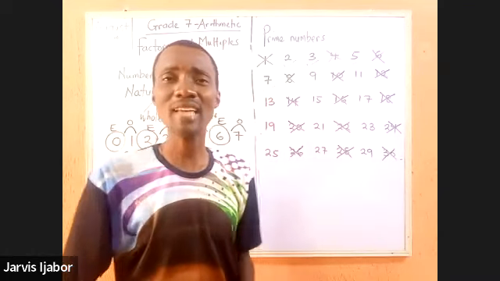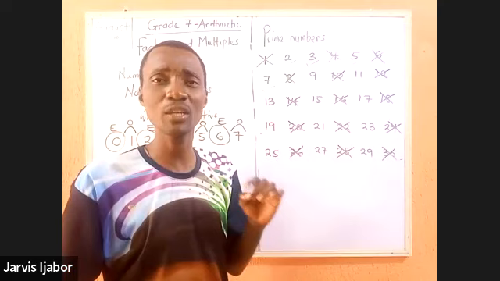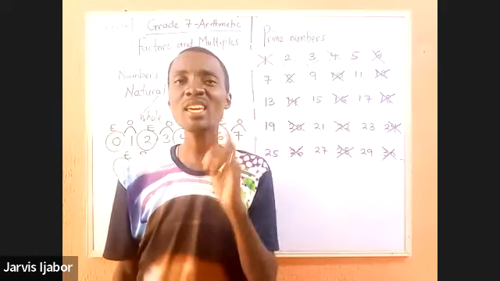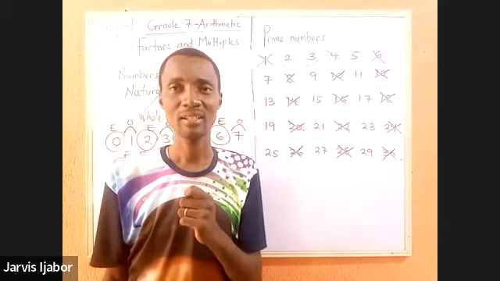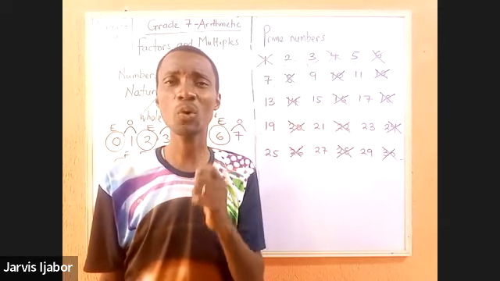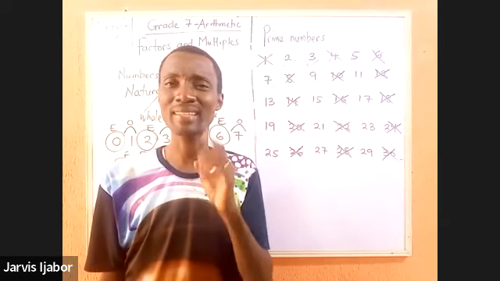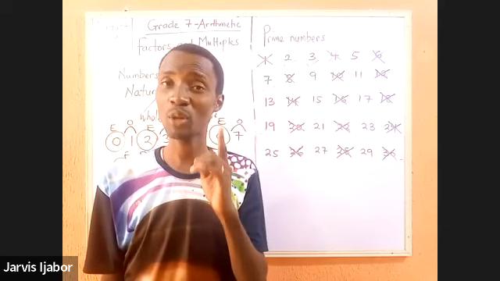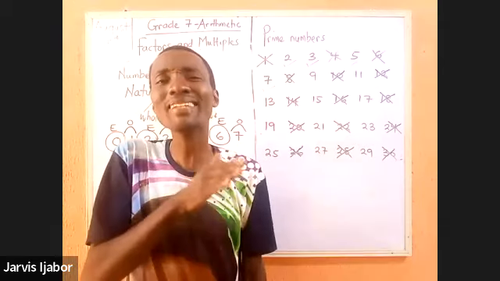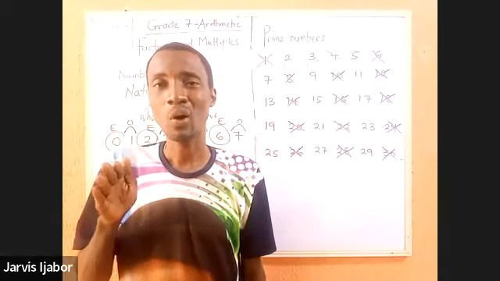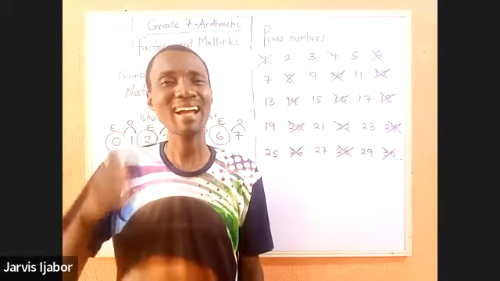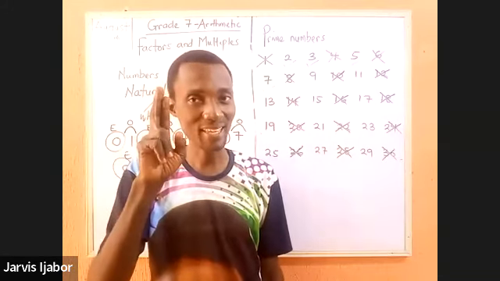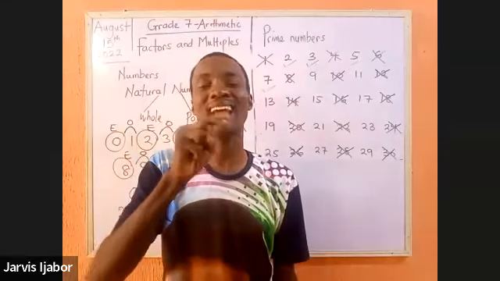Now, having said that, the next key idea I brought in was this. 2 is the only even number that is a prime. So any other even number cannot be a prime.